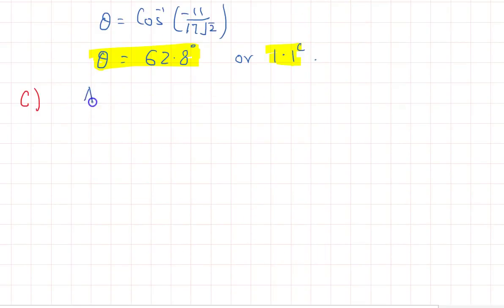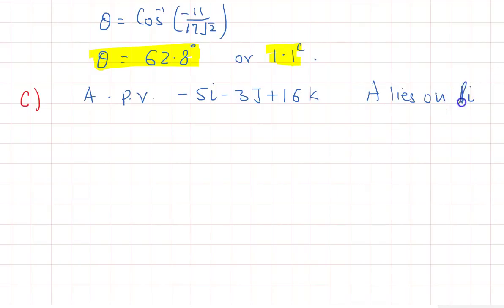Part C is, there is a point A whose position vector is minus 5i minus 3j plus 16k. So we have to prove that A lies on L1.